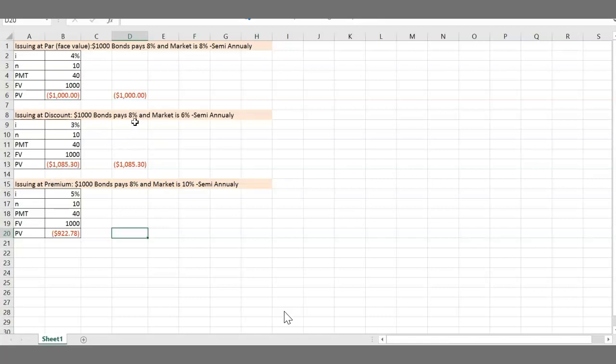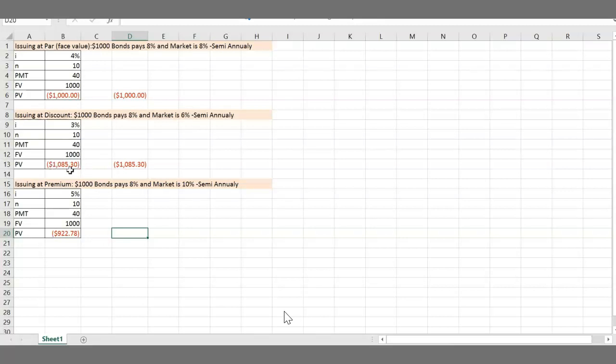Why? Because my company is going to pay 8%, but the market is 6% for a company like mine. So I'm paying too much to investors. And because I'm paying too much to investors on this bond, at the moment of issuing the bond, I will ask people to give me extra money.